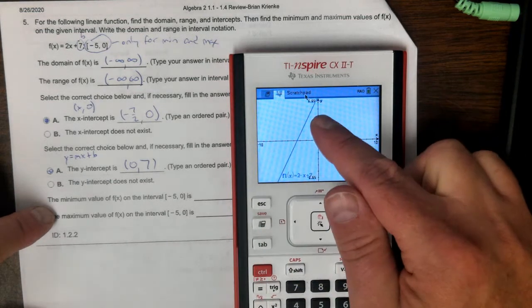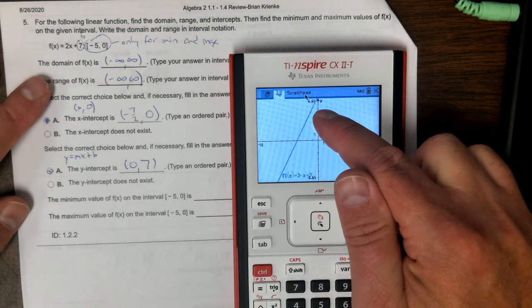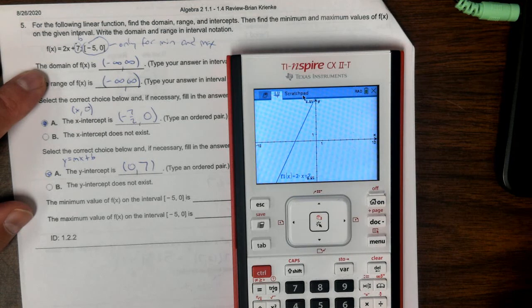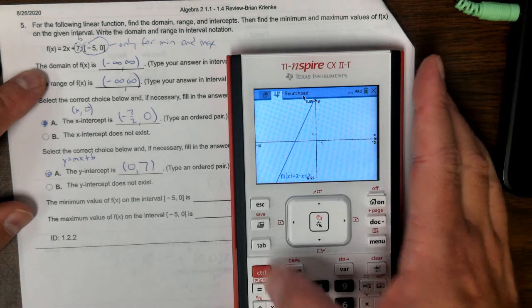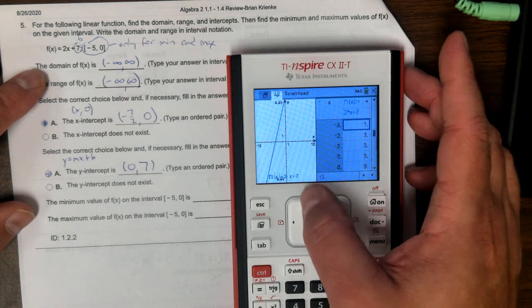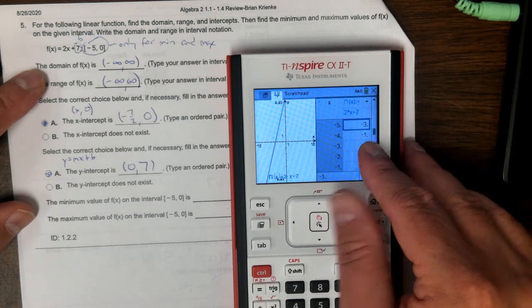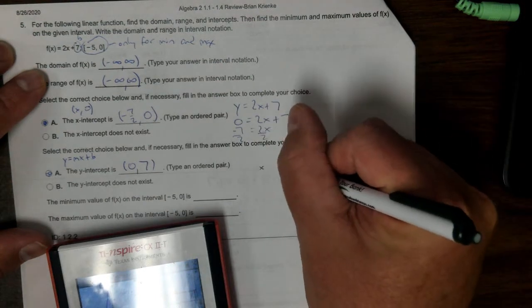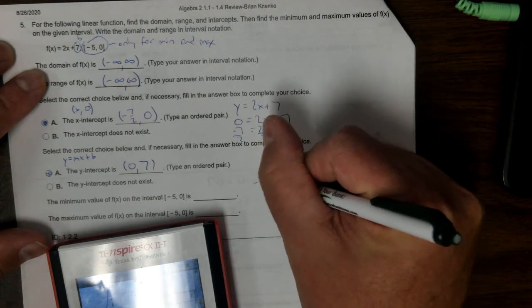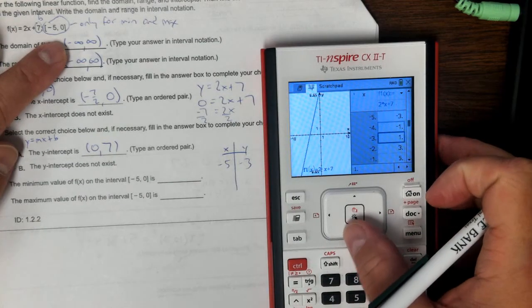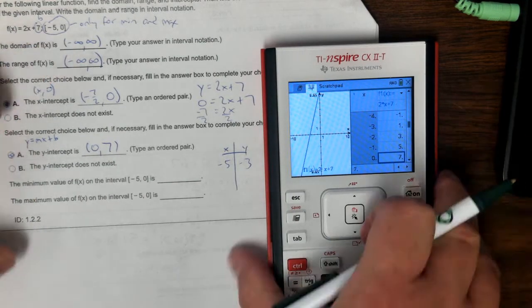There we go. So it's up because it has positive slope. The y-intercept 7. So that's the correct graph. And then you can just go to your table. And at -5, you get -3. And at 0, you get 7.